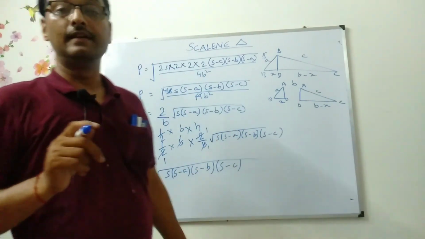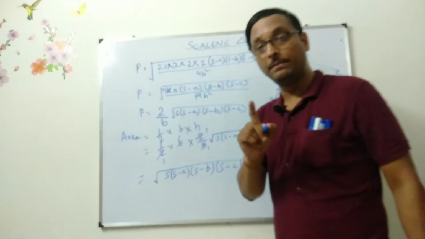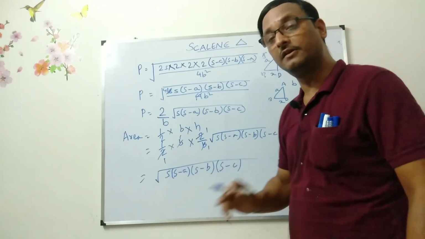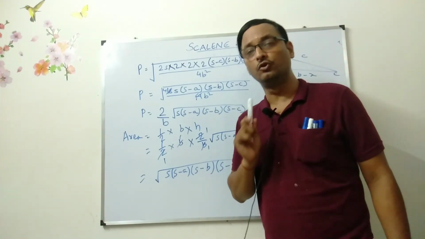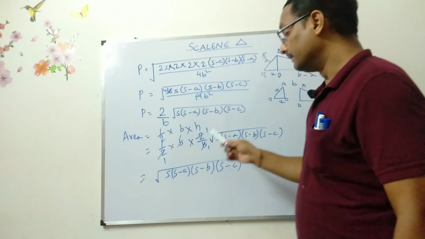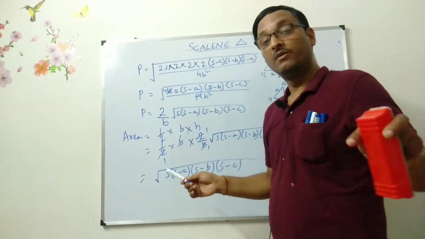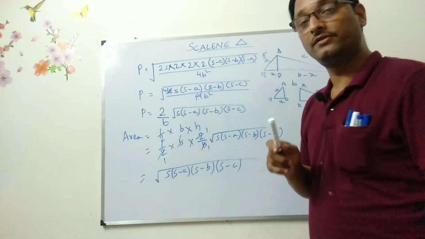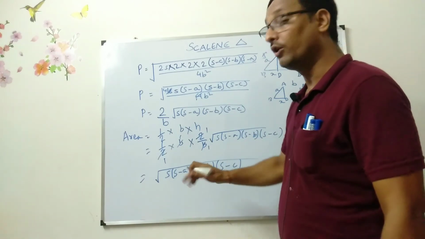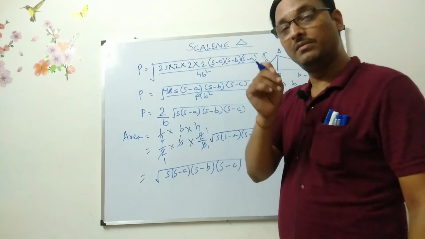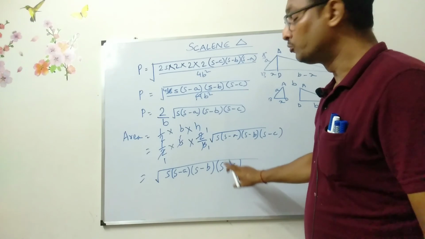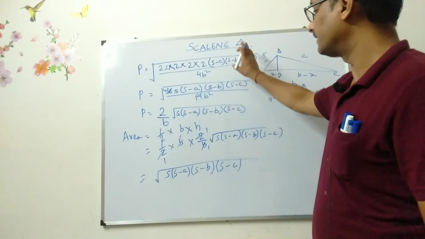This s is nothing but the semi-perimeter. I said to you, while making you understand, why this s is very important, because I will need that semi-perimeter to derive the area of a scalene triangle.